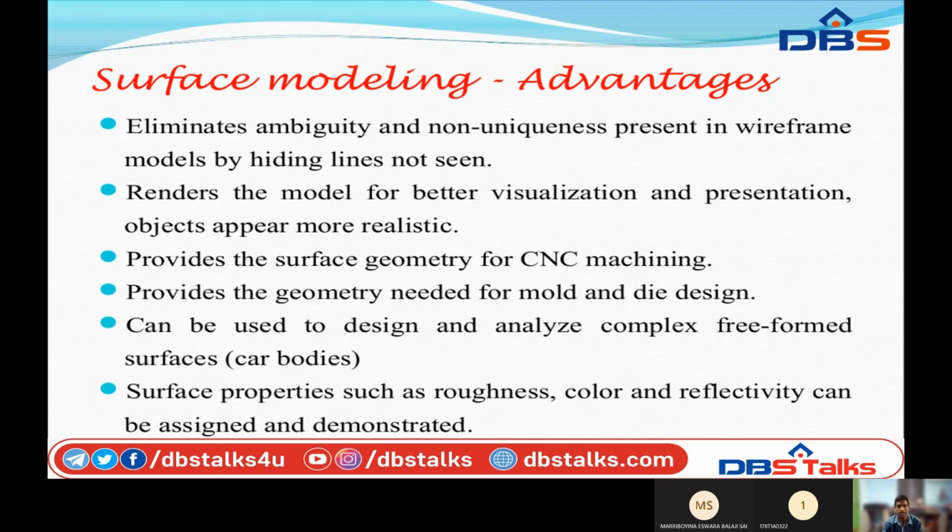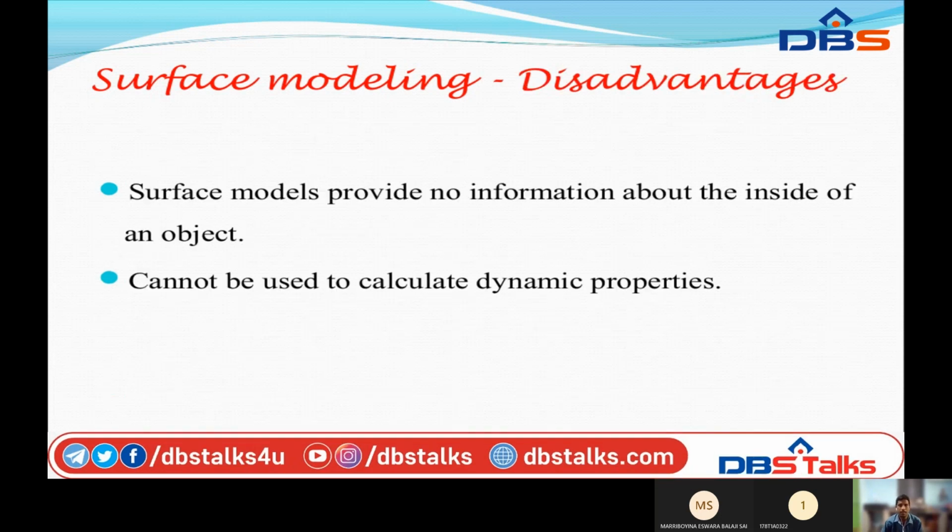Next, disadvantages of surface modeling. The main disadvantage compared to wireframe modeling is that there is no information about the inside of the object. In wireframe modeling, we give the total information about the product, like a block or a cube.